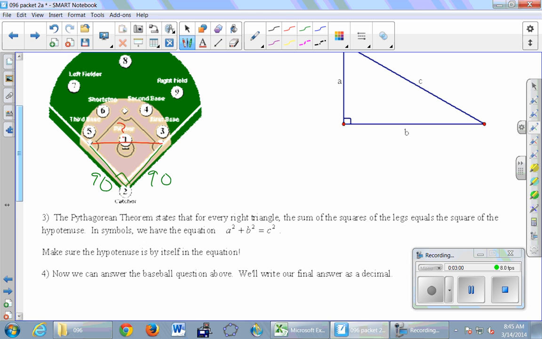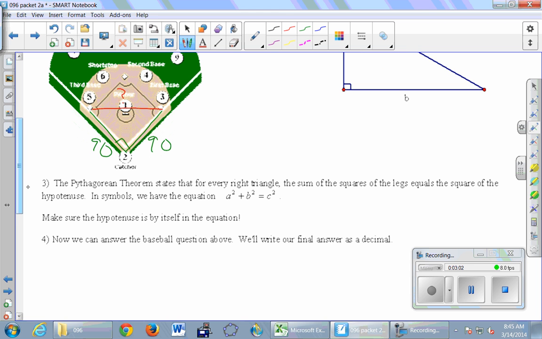Alexa, 3. Okay, so if I just say Pythagorean theorem, probably many of you just think that equation, a squared plus b squared equals c squared, and that's the conclusion, but we need to know what it applies to.